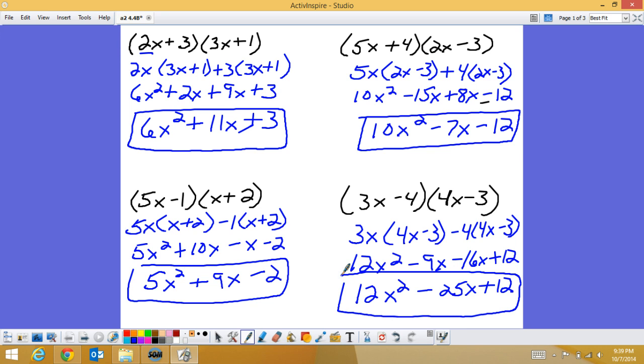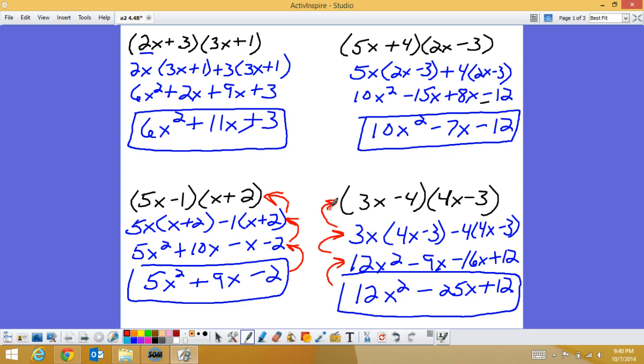Now, in working backwards here on these problems, I'm going to show you a method called the AC split method, where we're literally going to walk step by step backwards to this. That's what we're going to do.